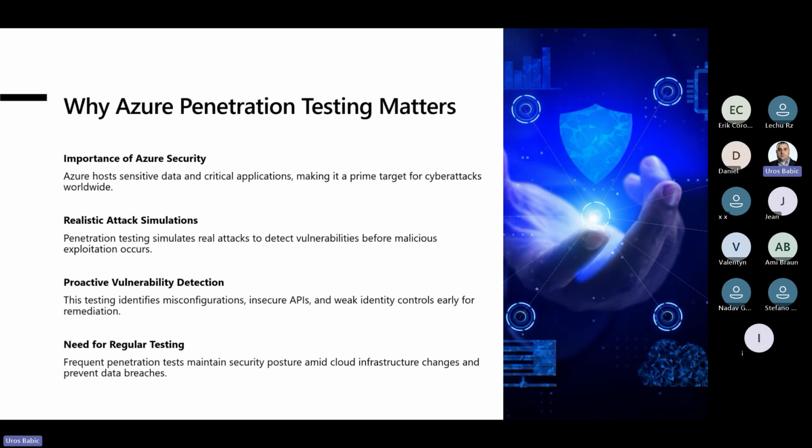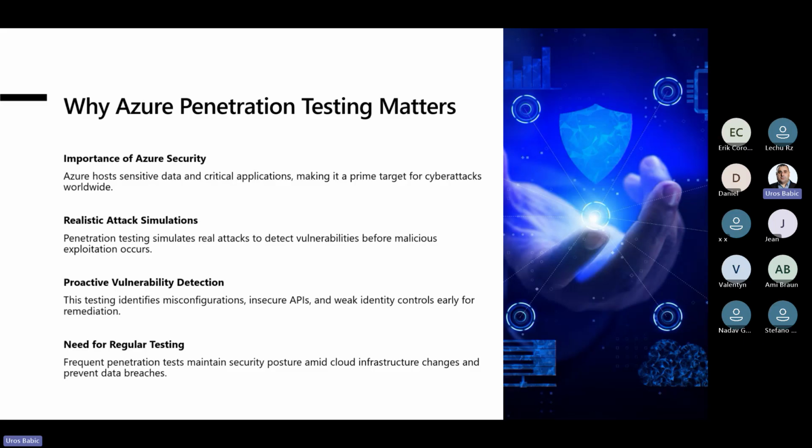to understand why we are using penetration testing and how we define all of this action regarding penetration testing, it is very important to control security assessment that simulates some real-world cyber attack scenario on resources hosted on Microsoft Azure to detect some vulnerability before a malicious actor exploits them.